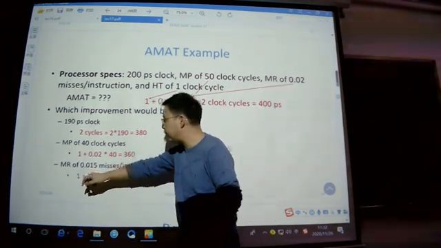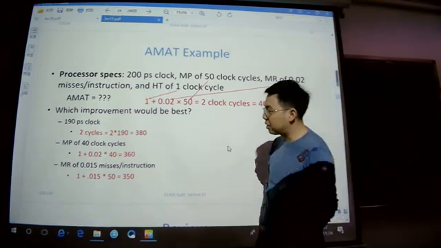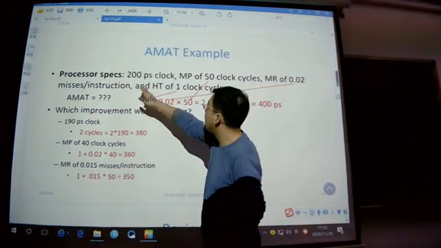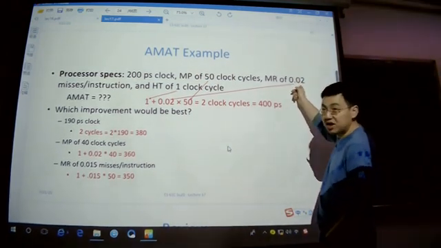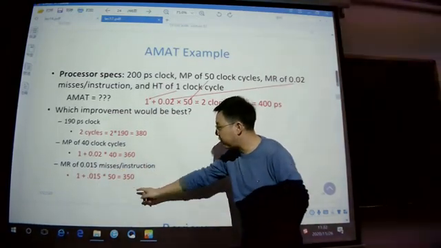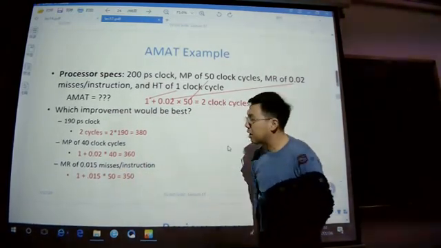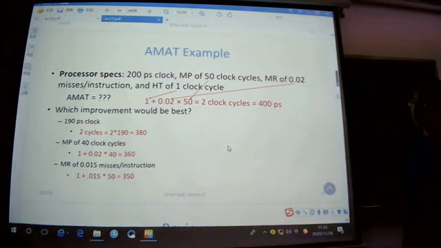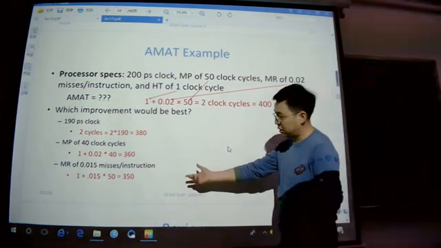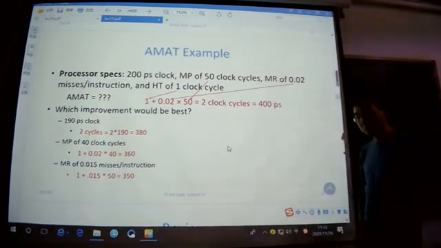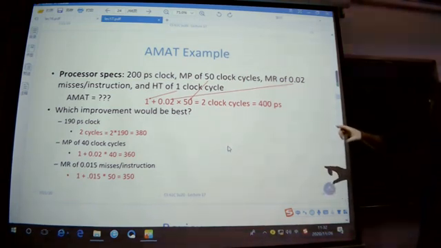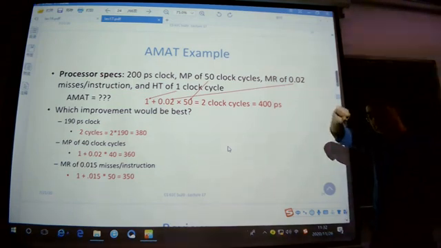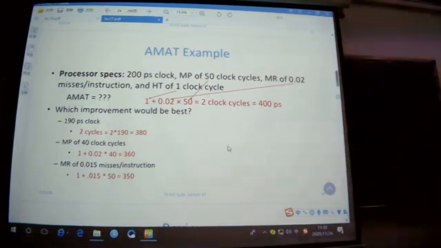If we have an MR of 0.015 misses, we change this to this. You can find the result is 350. So this is the good one, the lowest result. So you can find if we decrease the MR, the miss rate, that is the best. 400 to 350. Yeah, this is the best answer and the best result.